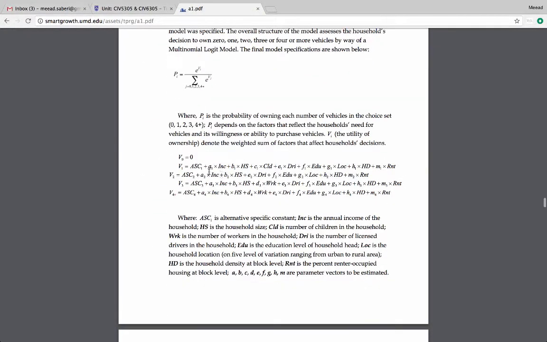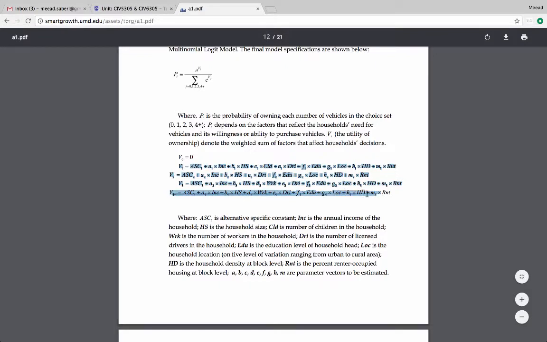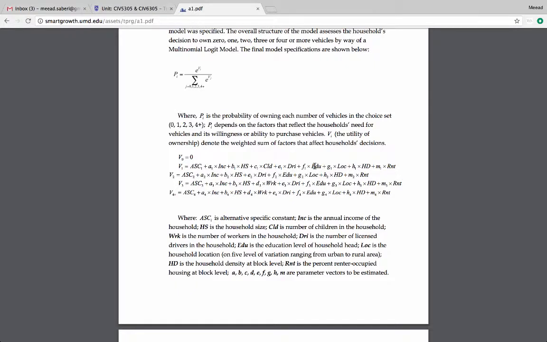In the specification model, this is actually their utility specification, where they're considering different variables, including the alternative specific constant, income, HS is household size, CLD is the number of children in the household, DRI is the number of licensed drivers, EDU is the education level of household, LOC represents the household location, HD represents the household density at the block level, RNT represents the percentage of renter occupied housing, and you can see you can specify a utility function as complicated as this one.